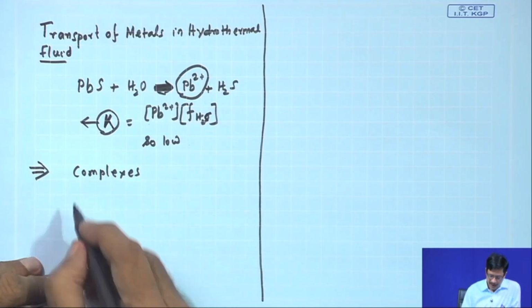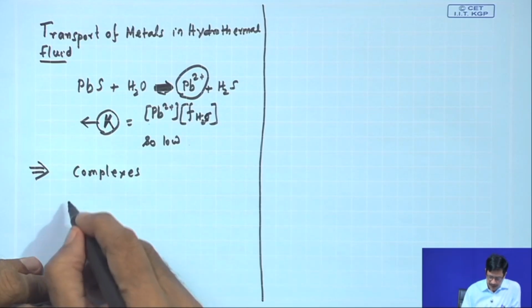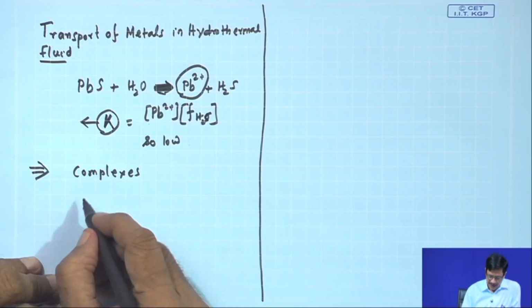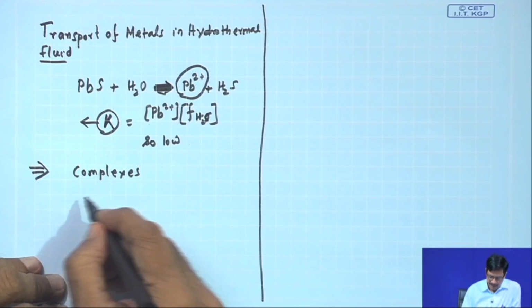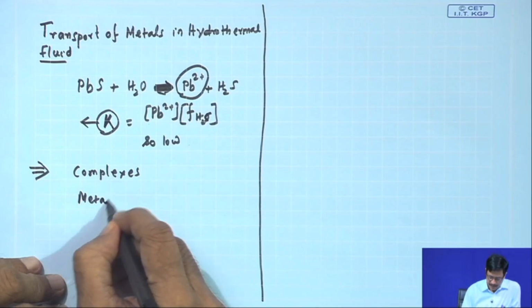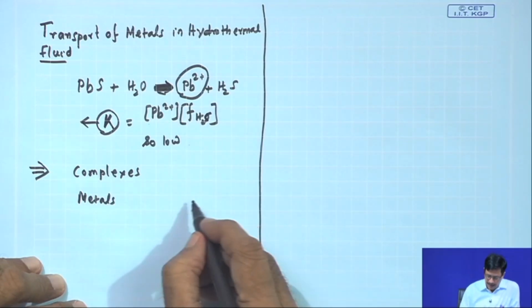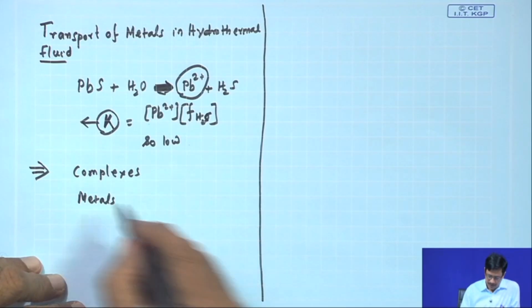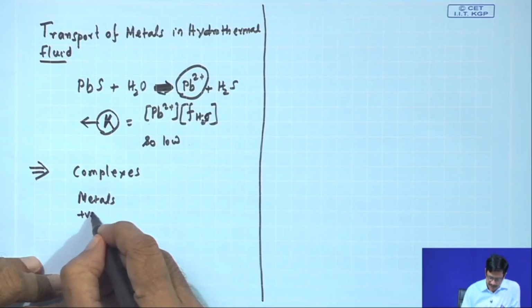The complexes mean there are metals, which we can call charged metallic species or metal ions, and these are generally positively charged.